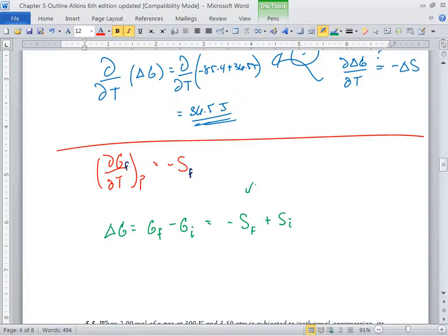So what I'm trying to show is, if I take the partial with respect to T, how did I do this? Maybe it's easier to start out with the answer.